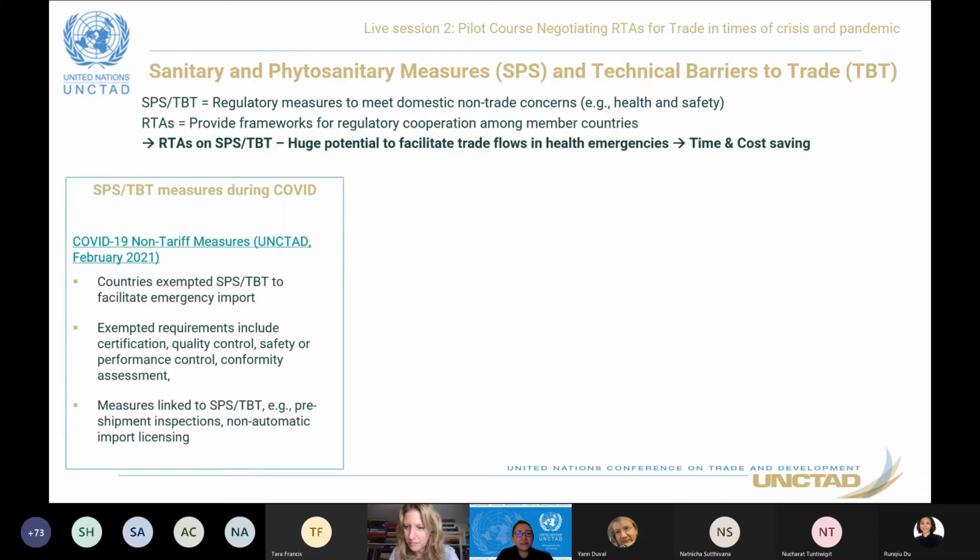The first one is an UNCTAD study on NTMs and what kind of NTMs have been used during the pandemic period. This is a comprehensive assessment of the use and the choice of NTMs by different countries. It looked at very many countries and identified what kind of NTMs, non-tariff measures, were used.